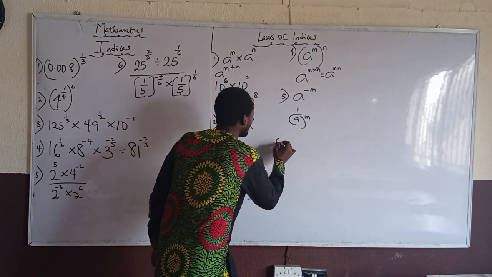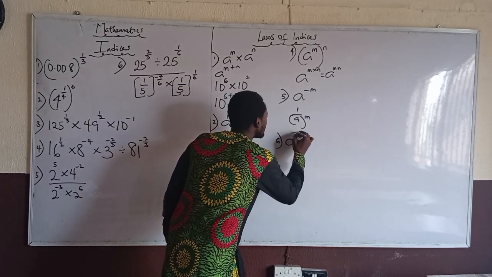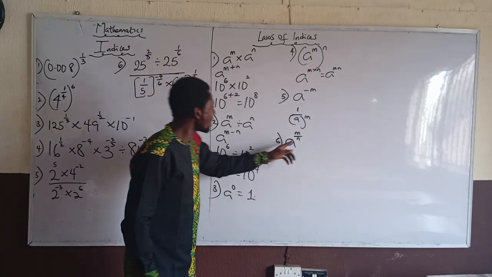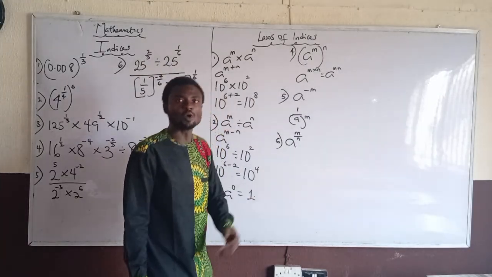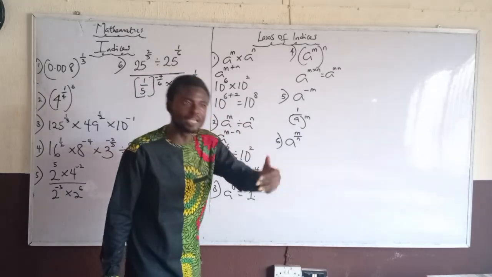The sixth rule of indices: I have A raised to power m over n. Now, when your power is a fraction, you know in a fraction we have a numerator and a denominator.